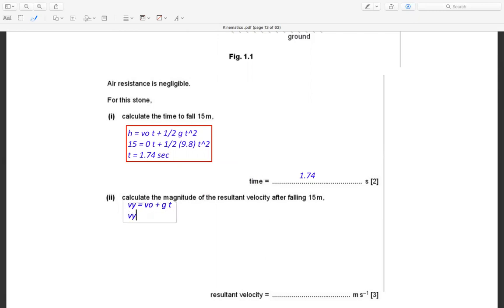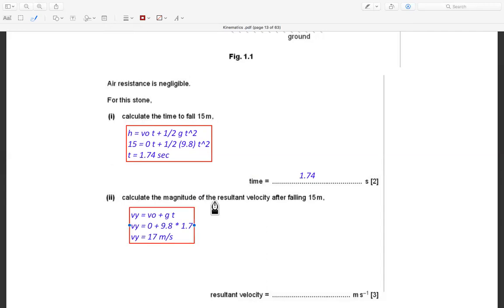Vy equals vo, which is 0, plus g, 9.8, times the time taken, 1.7. So vy equals 17, let's say 17 meter per second.